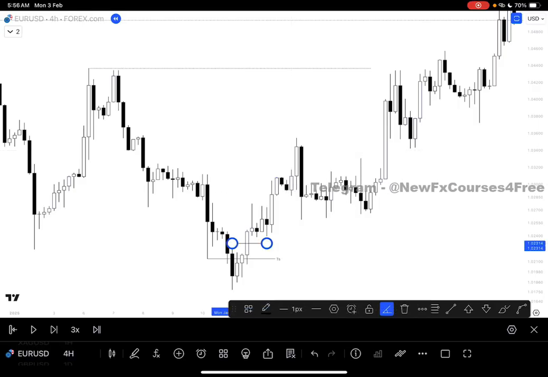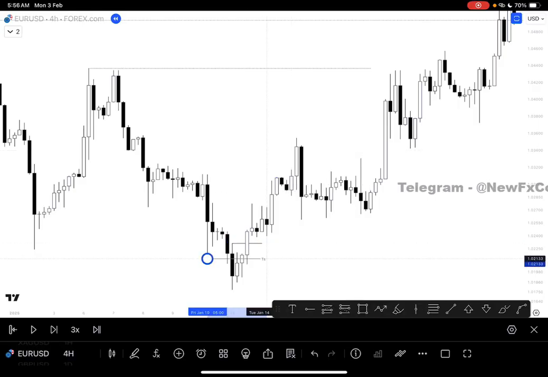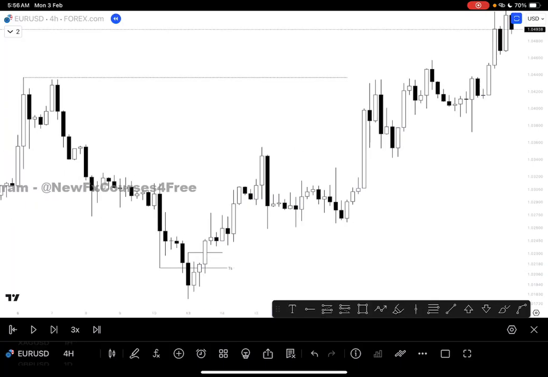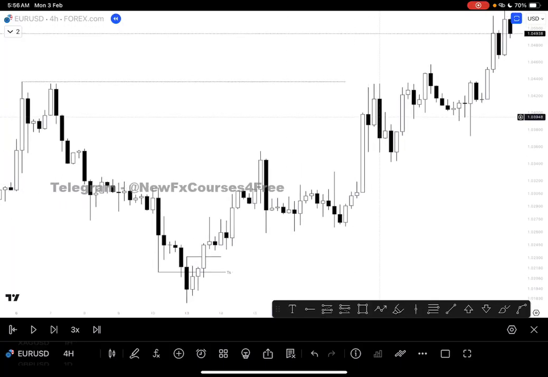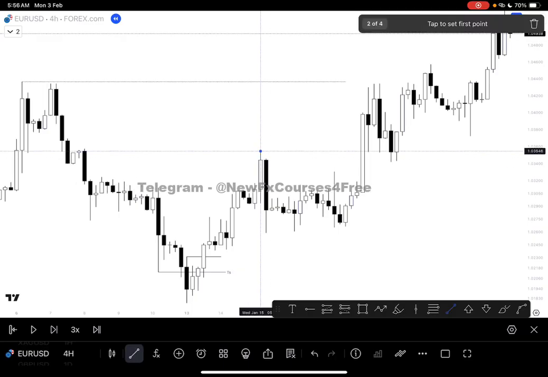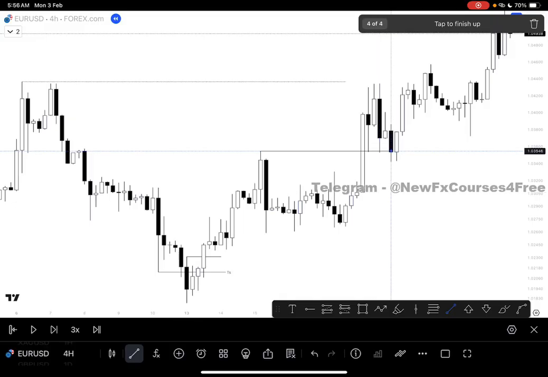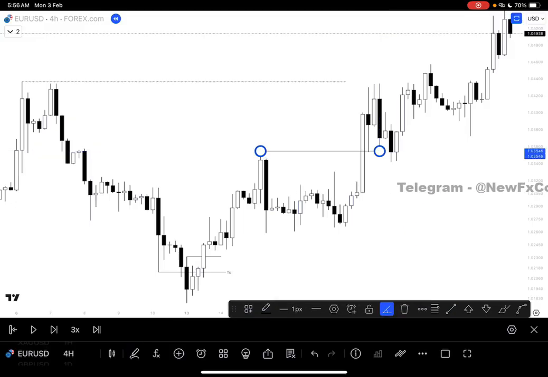This actually changed state of delivery. There is not actually a lot of difference between a change in state of delivery and an order block. So here, going higher, and you got your mitigation block over here, which was actually tapped with this move.